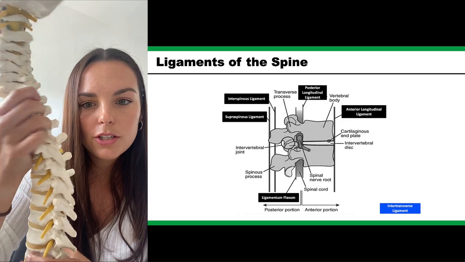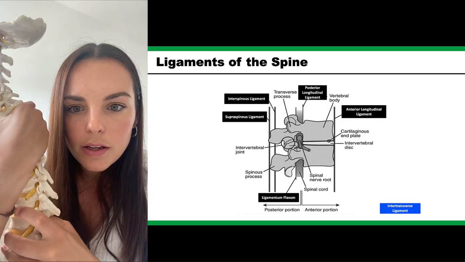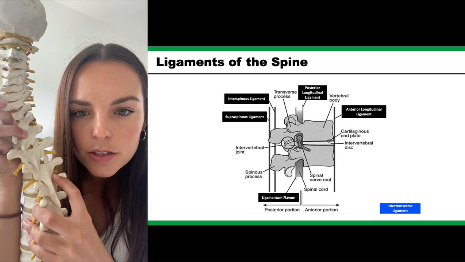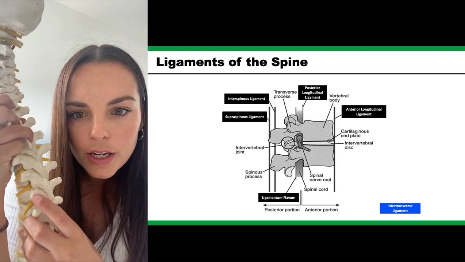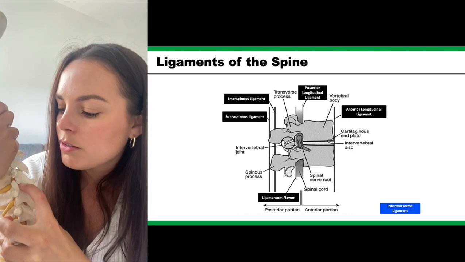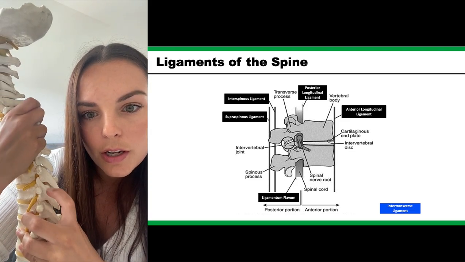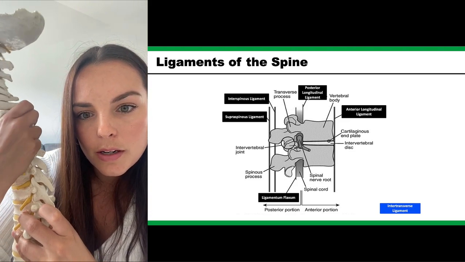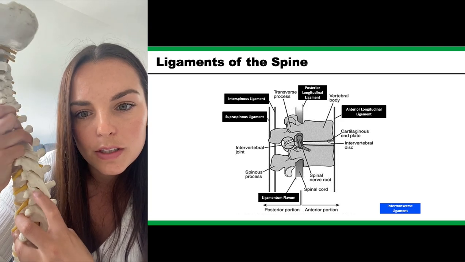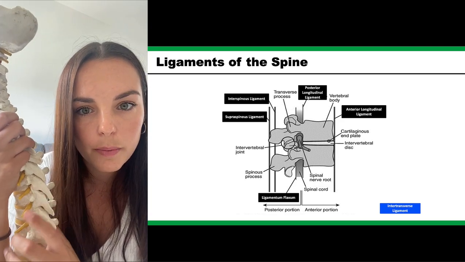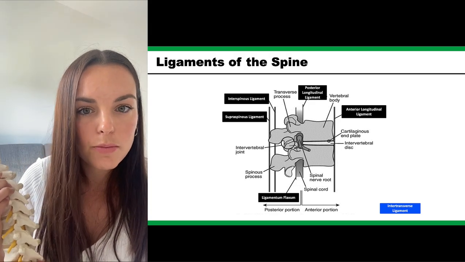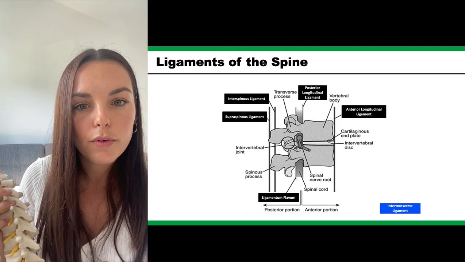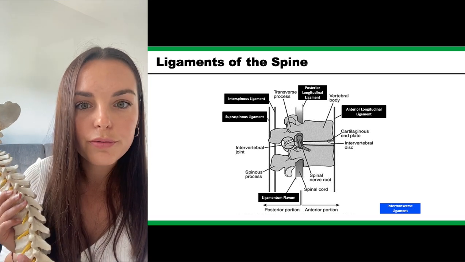Now during rotation, you can see that there's a lot of movement going on at these facet joints. As I rotate my spine, you can see those two move off the top of each other. As I rotate my spine, it's the ligaments that surround the capsule of this zygapophyseal joint. Now we don't have to name them, we just call them the capsular ligaments of the zygapophyseal or facet joints.